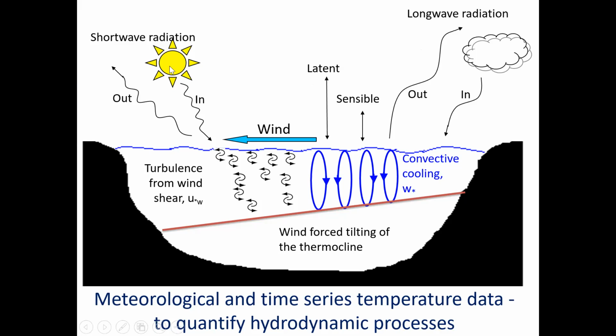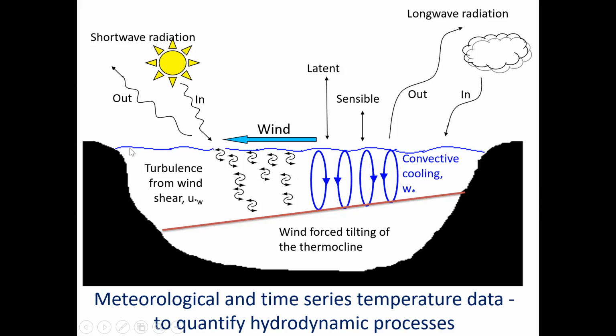If the solar radiation isn't too great and the loss terms exceed the incoming terms that cause heating, we'll get convective mixing. If the wind is blowing, it's going to move the water across the lake, generate eddies with mixing.